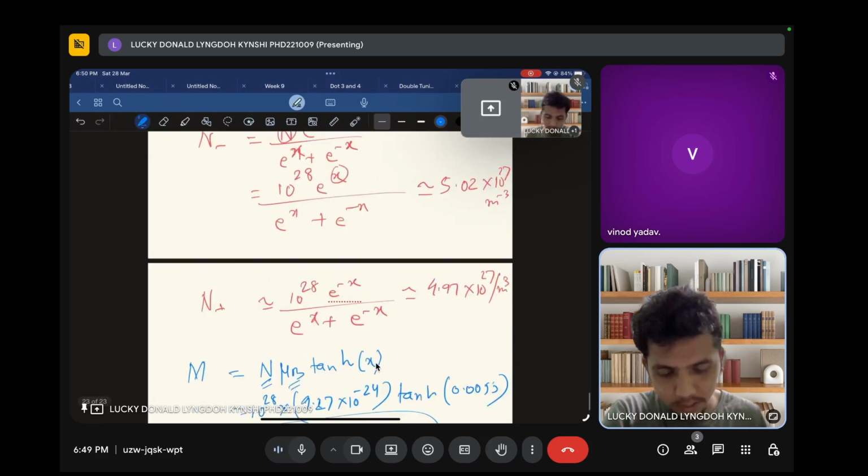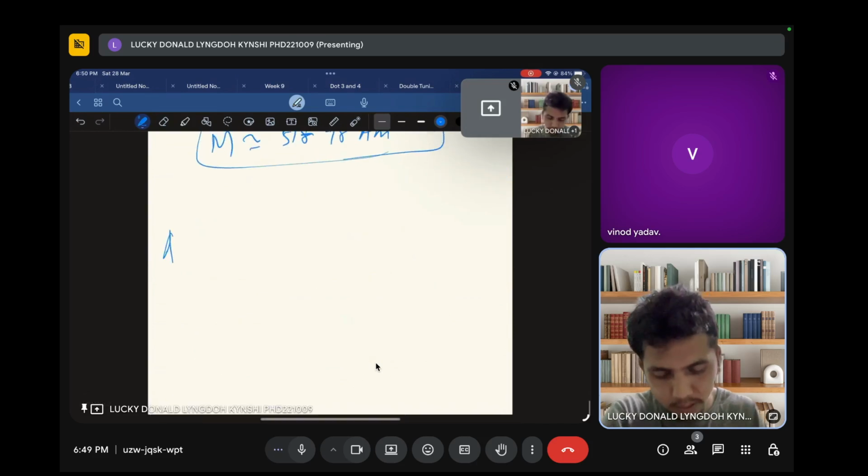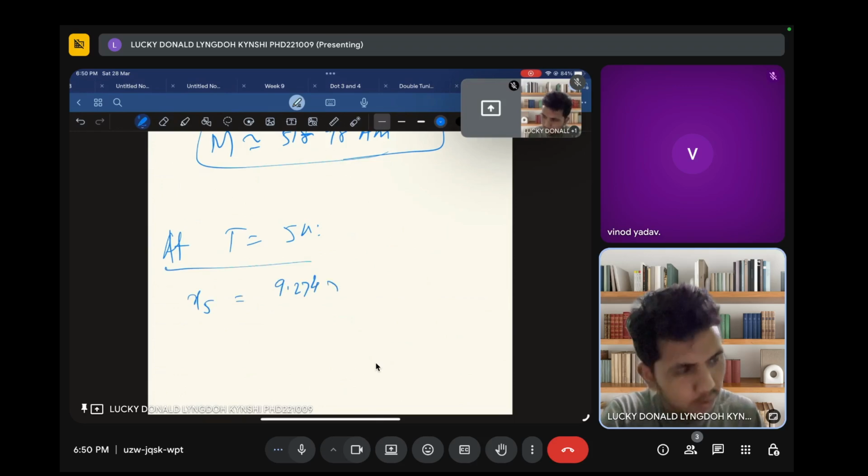Now remember, this is at 300 Kelvin. The same thing you do at T equal to 5 Kelvin. So x5 at 5 Kelvin is 9.274 into 10 to the power minus 24. Magnetic field is already given to you.